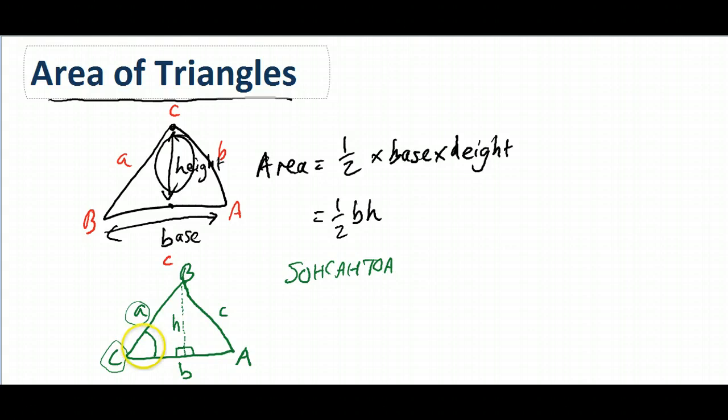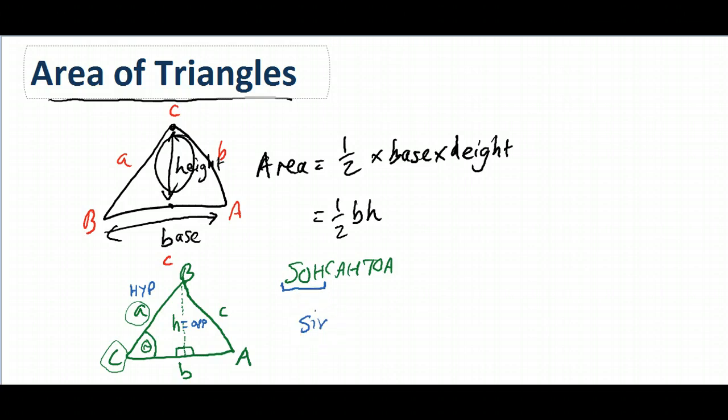If we focus on this angle here, C, and call that theta, then side A would be the hypotenuse, and this line going down the middle, which we've called H, would be the opposite. So using Sohcahtoa, we'd be using the sine part.